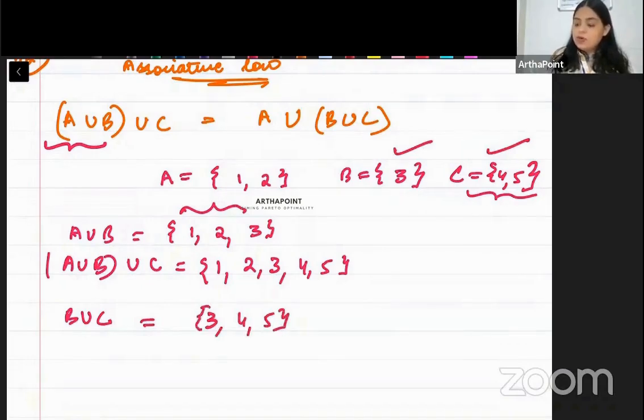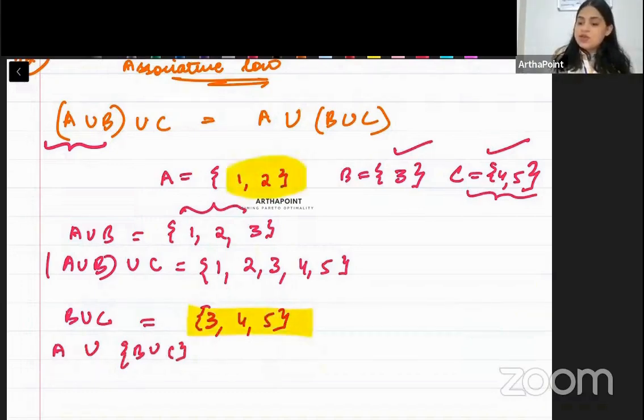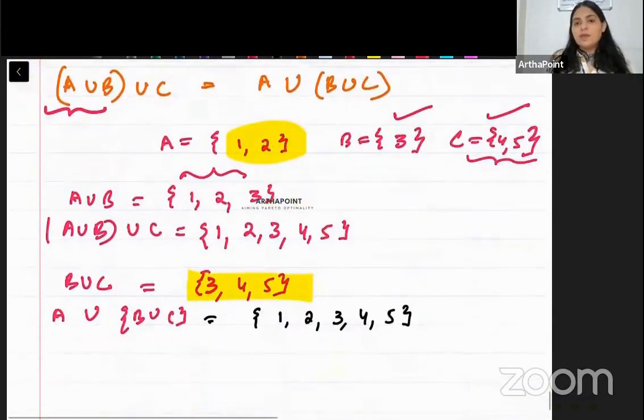And then now I want to do its union with A. So A union B union C. मतलब जो B union C मिला है उसका union A के साथ. So beta it is going to be 1, 2, 3, 4 and 5. Is this clear? This is called as associative law.